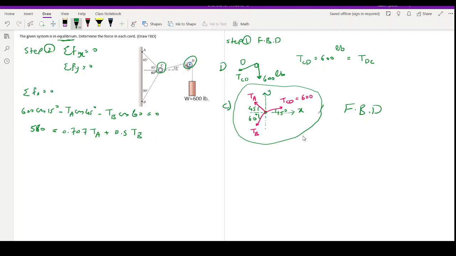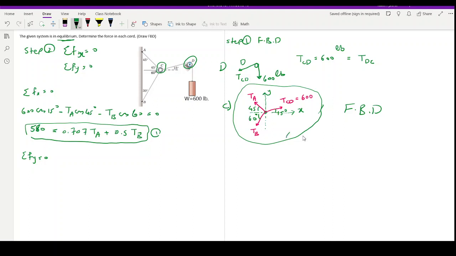Now, let's write the second equation, which is sigma Fy is 0. I'm highlighting this, so this is my first equation. The second equation will come from sigma Fy is 0.